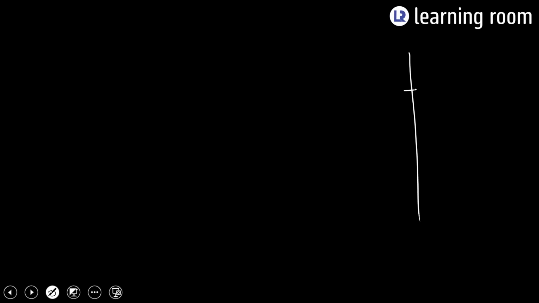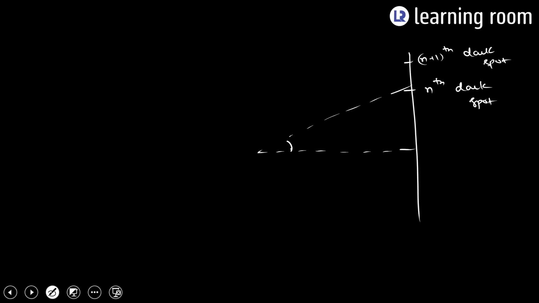If I take this to be the nth dark spot, and this is the n plus 1th dark spot, from the center, I have a ray which is bending, let's say, at an angle theta n here, and here it is bending at an angle theta n plus 1.